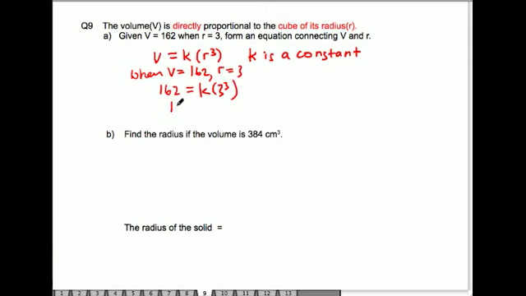And this gives us k equals 6. Therefore, the equation is v equals the known value of k times r cubed.